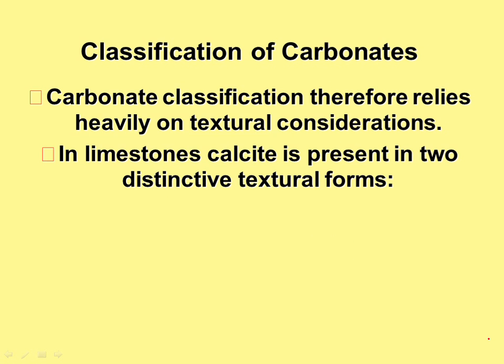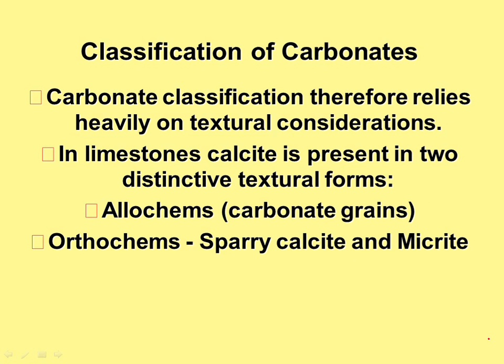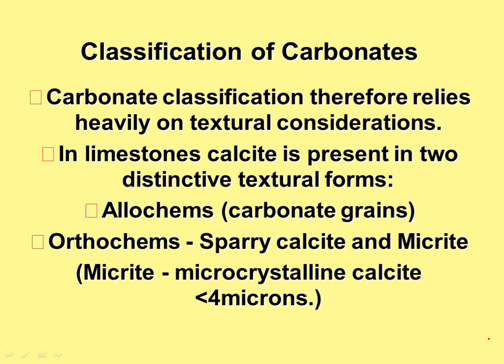So when we look at limestones, the calcite that we see present in a limestone is typically present in two distinct textural forms. We have what are known as allochems, which is a fancy word for a carbonate grain or carbonate particle, and we have orthochems, which are essentially dominantly sparry calcite and micrite, where micrite is a term used, the full term is microcrystalline calcite.